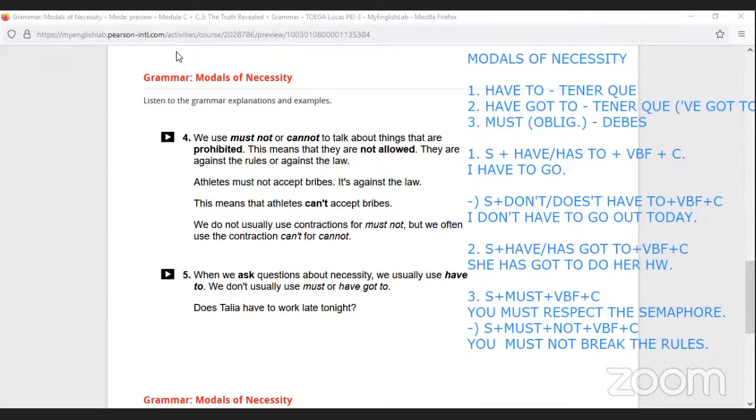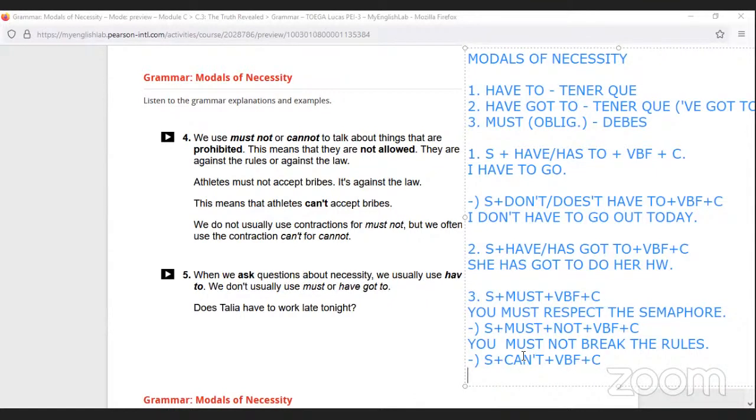And we have another one that we can use for showing that something is prohibited. And we have this modal verb, but this is only for negative. Can't. Okay, so must not is similar to can't. Can't, verb in base form and complement.